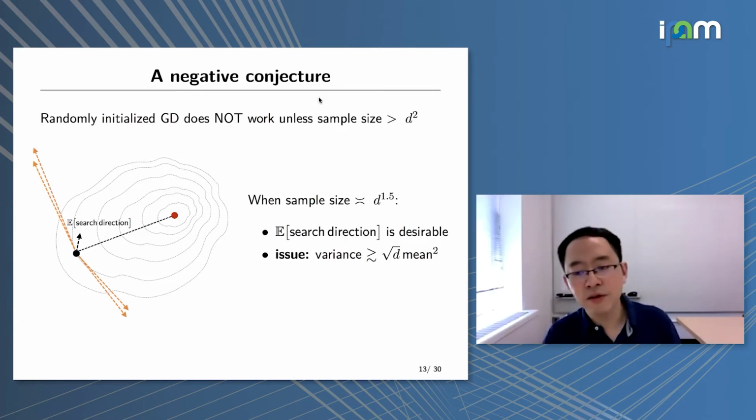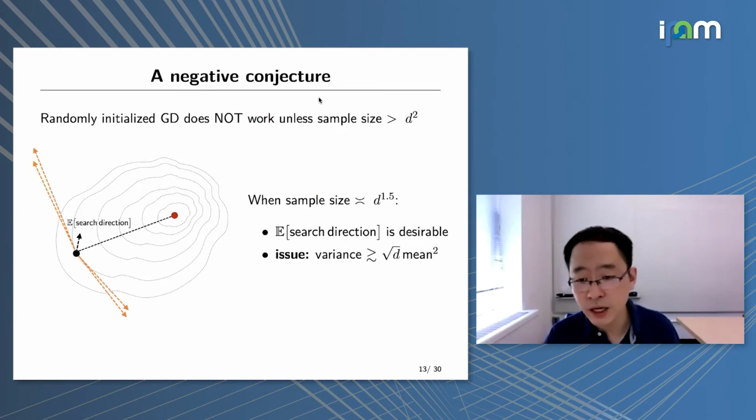And this is a bad thing, because even though in expectation you are moving towards the right direction, the uncertainty is too large and basically kills your direction. In fact, the progress that you are expected to make is completely buried in the variance, which is in stark contrast to the matrix case.